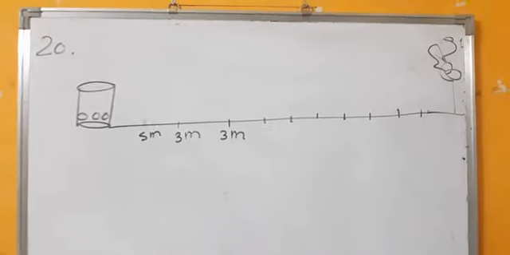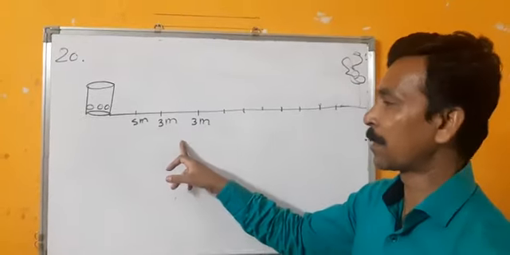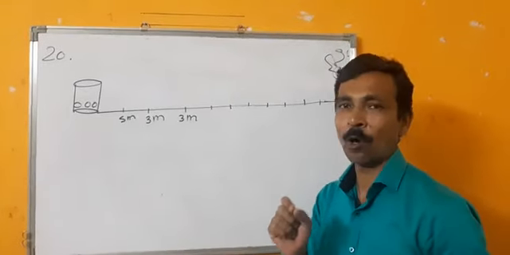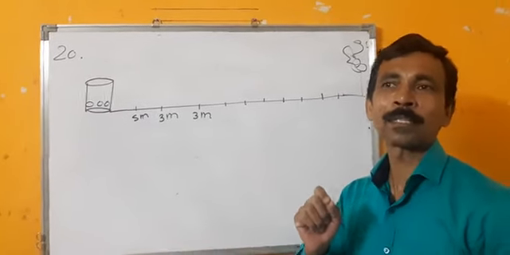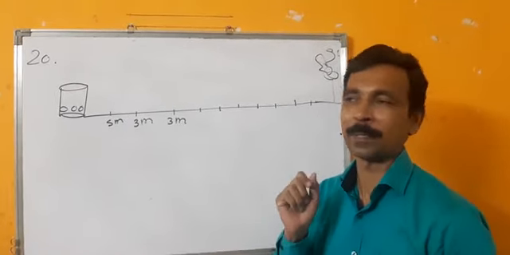Now I will explain the sum. The competitor is running in a potato race, and the girl has to pick up 10 potatoes.